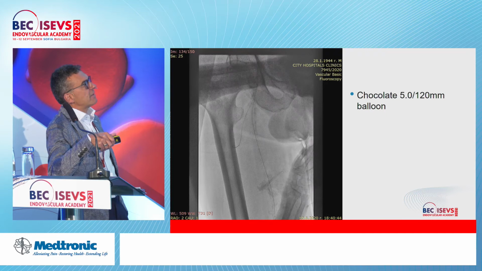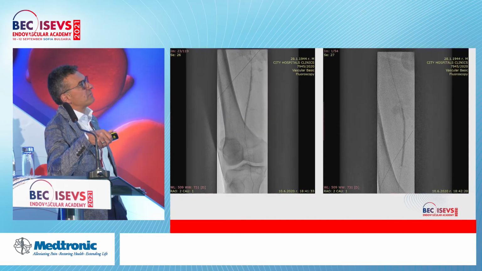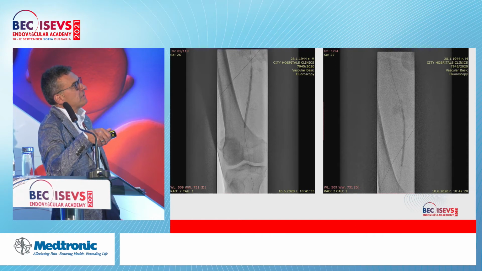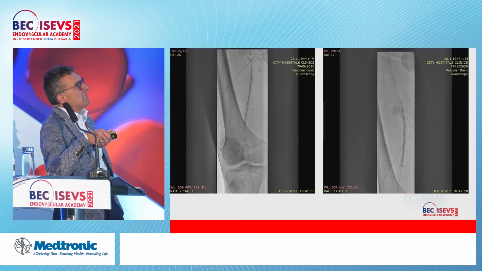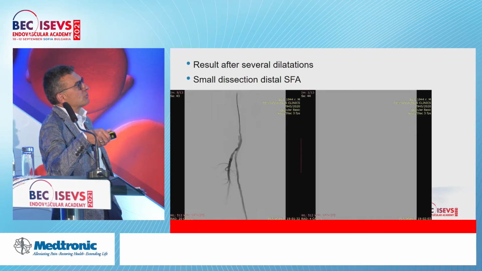This is the balloon coming. I'm showing by purpose this picture in order to see that even without predilation it's possible to cross even total occlusion lesions directly with the chocolate balloon. But of course, it's probably better to have some vessel preparation first, and after that to finish the inflation with the prolonged inflation of the chocolate balloon.